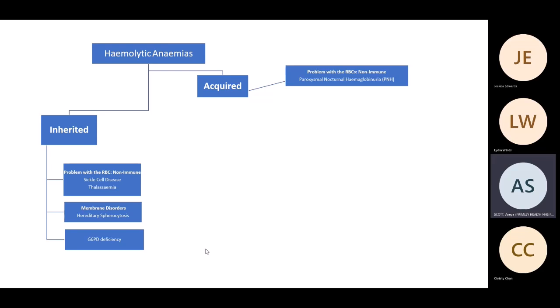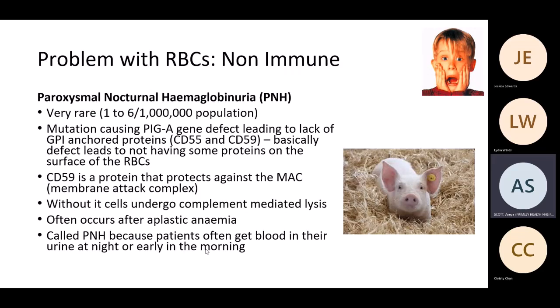This is one that I put Kevin on because I very highly doubt this will come up in exams, but just for completeness, I'll quickly run through it. So PNH is very rare, and it's caused by a mutation in the PIG-A gene, or defect in the PIG-A gene, which leads to a lack of these proteins on the surface of the red blood cell.